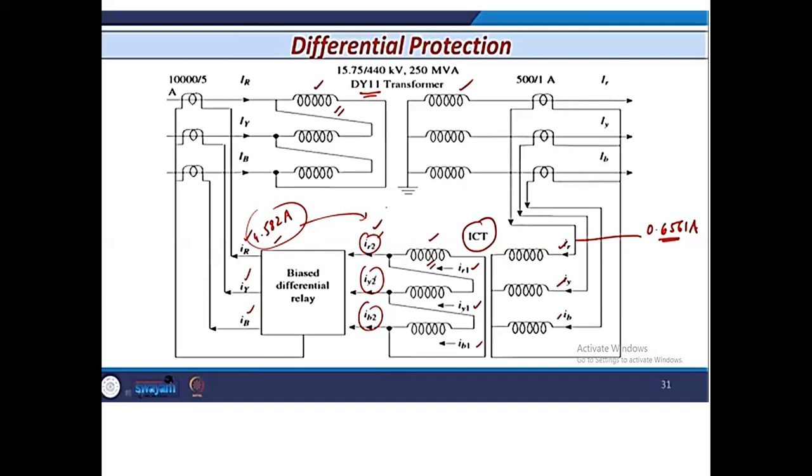We need to decide the ratio of the ICT, which is not given. The currents given to the biased differential relay are equal. So if these currents are 4.58 ampere, then obviously this current will be 4.58.